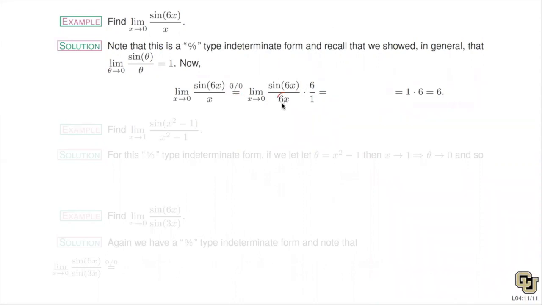Then we multiply top and bottom by 6 to keep the equation balanced. And now for the limit, look, this 6x is the same as 6x. And as x goes to 0, this goes to 0, and this goes to 0. So using our special result here, you can say this whole thing goes to 1.